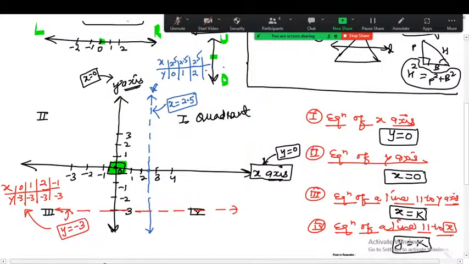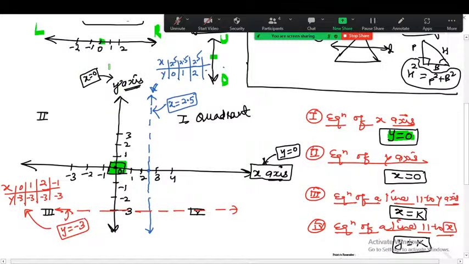This entire plane is divided into 4 parts: first quadrant, second quadrant, third quadrant, and fourth quadrant, which you can observe here. On the x-axis the y value is always 0. That is why the equation of the x-axis is y is equal to 0.